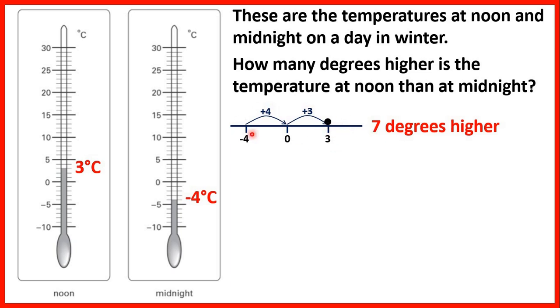Now rather than drawing a number line, you might remember that if we're finding the difference between a positive and a negative number, we can ignore the positive or negative signs and just add them. And 4 plus 3 is 7, so the temperature is 7 degrees higher.